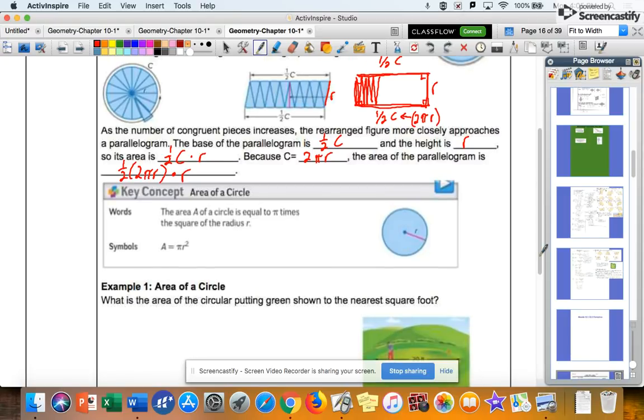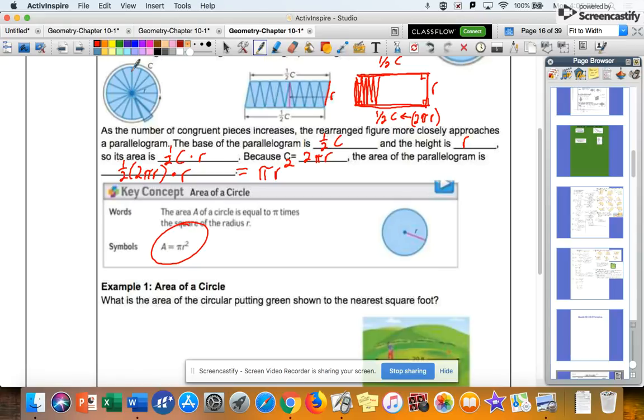So when we simplify that now, let's take 1/2 times 2 times pi times r. The 1/2 and the 2 cancel out. So what are you left with? Pi r squared, which of course is the area formula for a circle. So the area formula for a circle essentially comes from cutting up a circle into many different little slices.